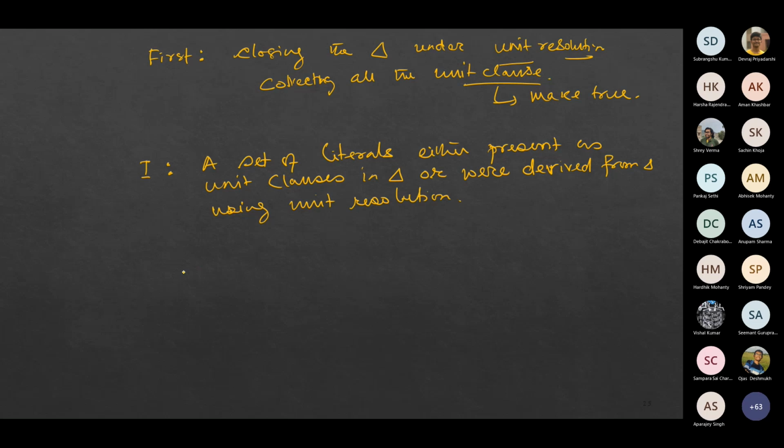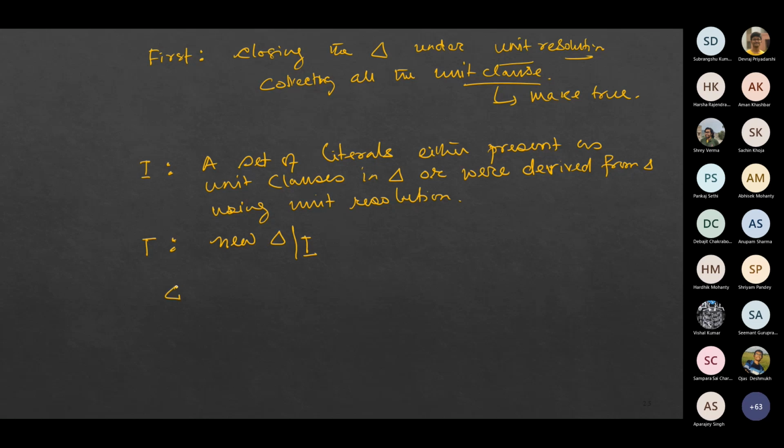And we define something called gamma, which is the new delta. So basically this is delta conditioned over I. This I will be collecting all the variables or literals that are appearing as unit clauses, and we will be conditioning delta over this I.